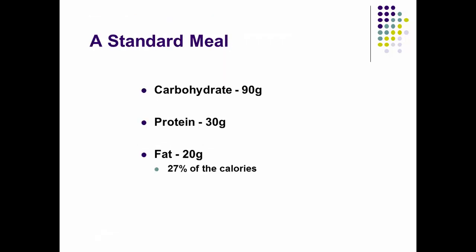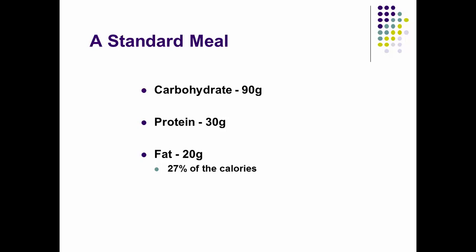So in a standard meal, we usually have about 90 grams of carbohydrate, 30 grams of protein, and 20 grams of fat, which accounts for about 27% of the calories, right, from the 20 grams of fat.